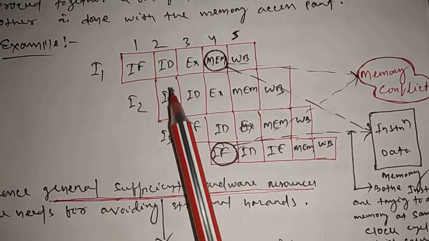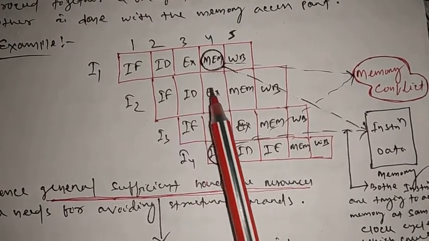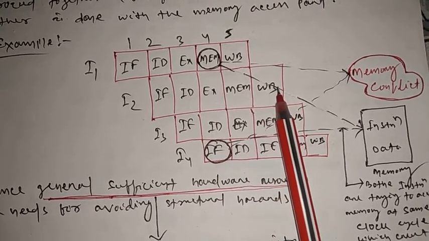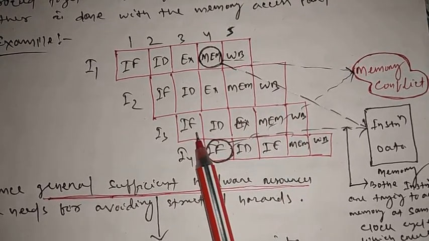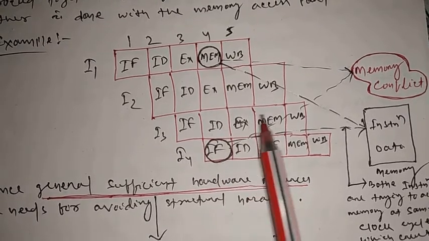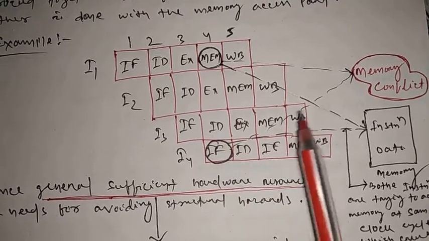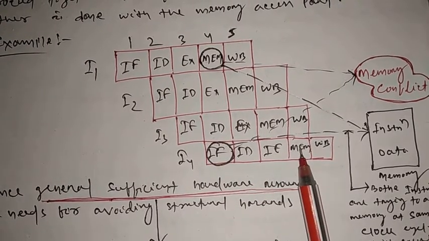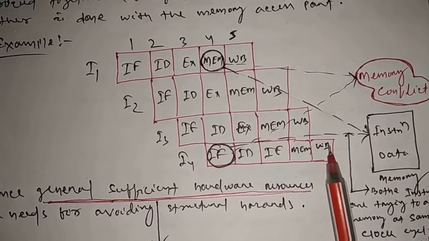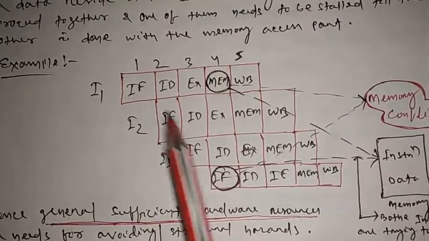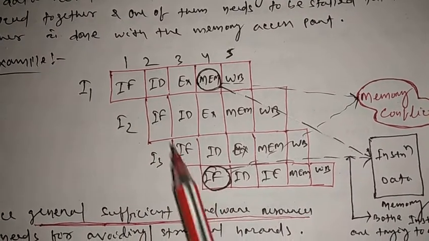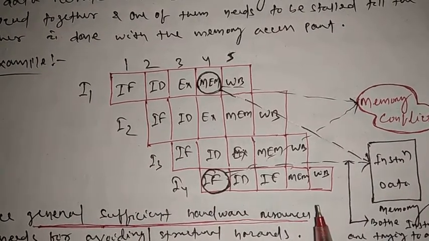Similarly, instruction 2, instruction 3 and instruction 4 go through IF, ID, EX, MEM, WB. So 4 instructions are executing in an overlapped manner.